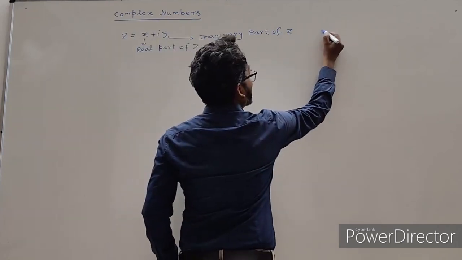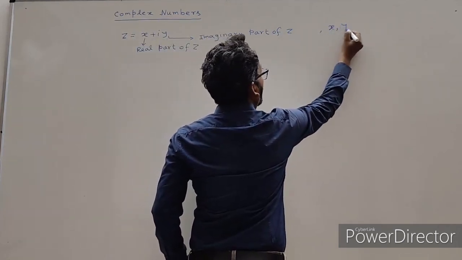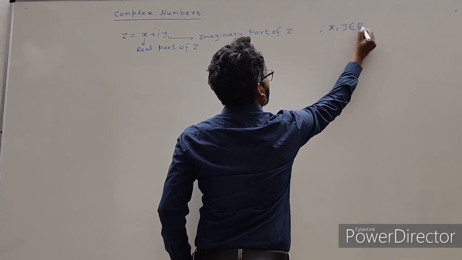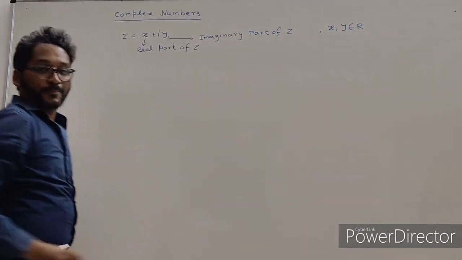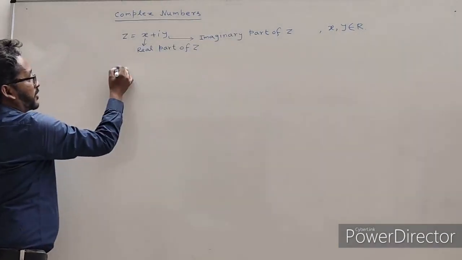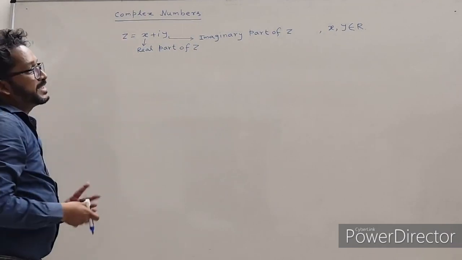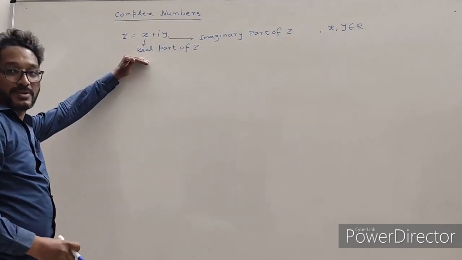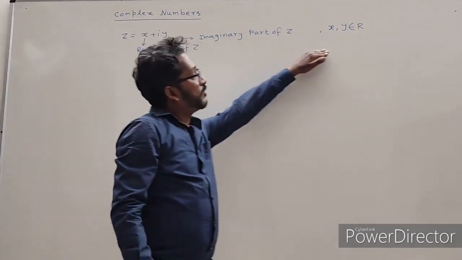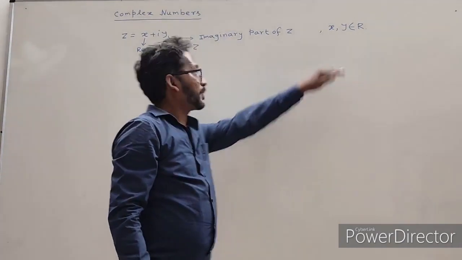Remember that this x and y both must be real quantities. So any complex number z is denoted by x plus iy, where x and y both are real quantities.